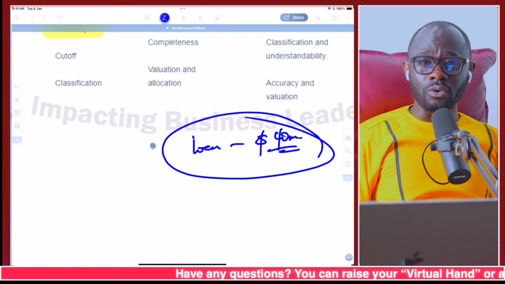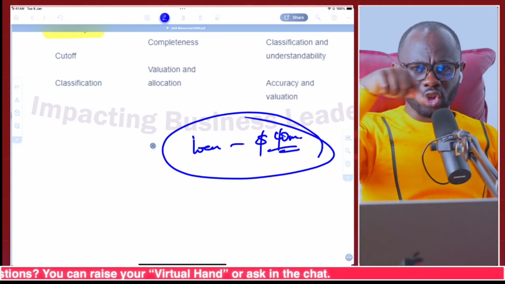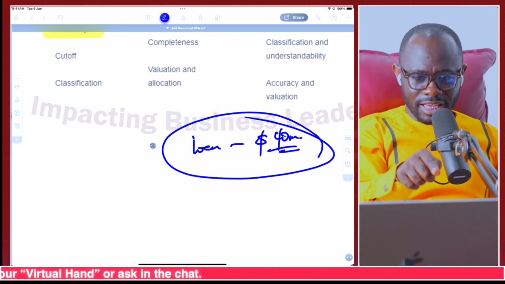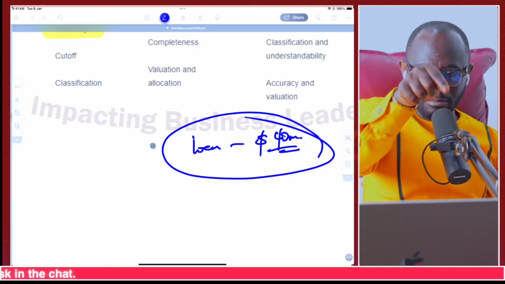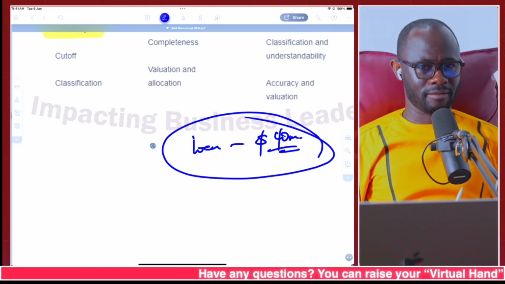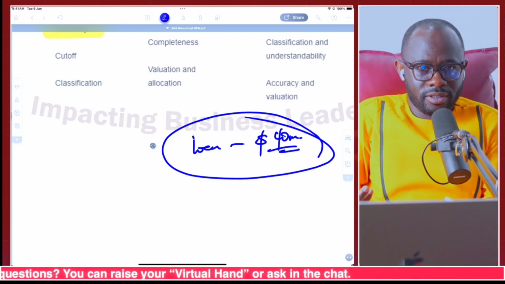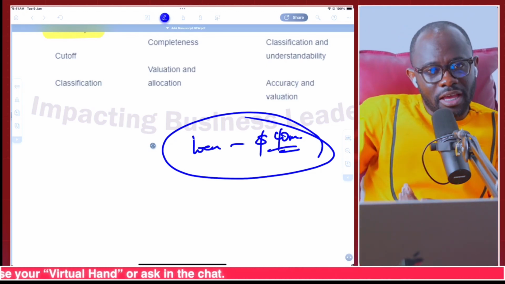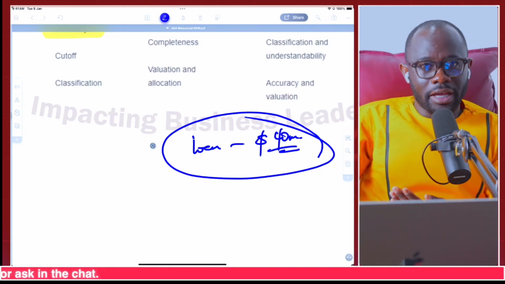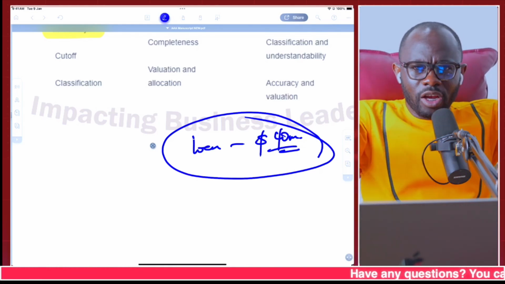We are not done yet, though. Number four, inspect the bank statement or the cash book to see whether the entity actually got this money deposited into their account. Because we can see the loan document, we may have asked the bank and they say, yes, we've given them a loan, but you want to check the cash book or the bank statement.